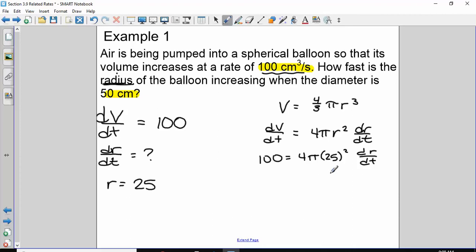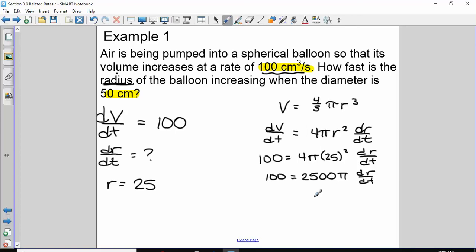Okay, so we work this out. 25 squared times 4. I think you guys are checking my math, right? 25 squared is 625 times 4.